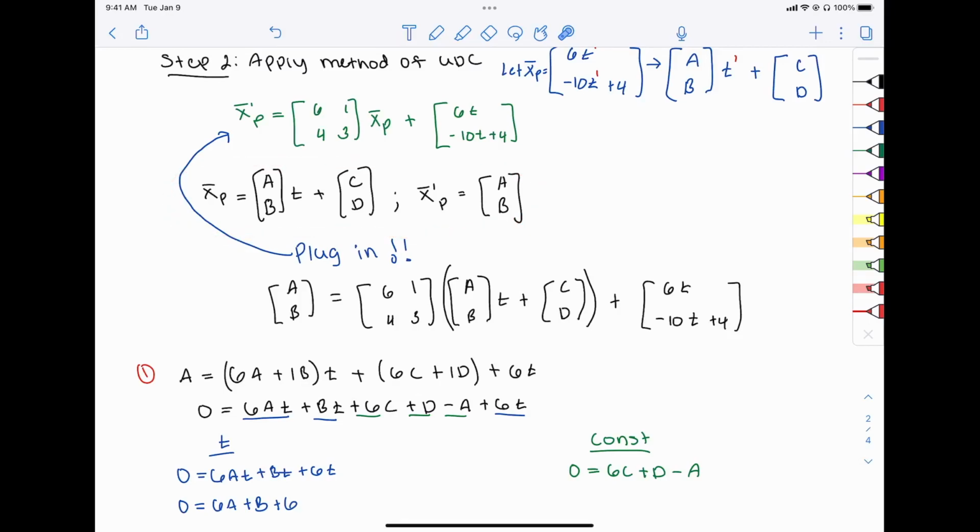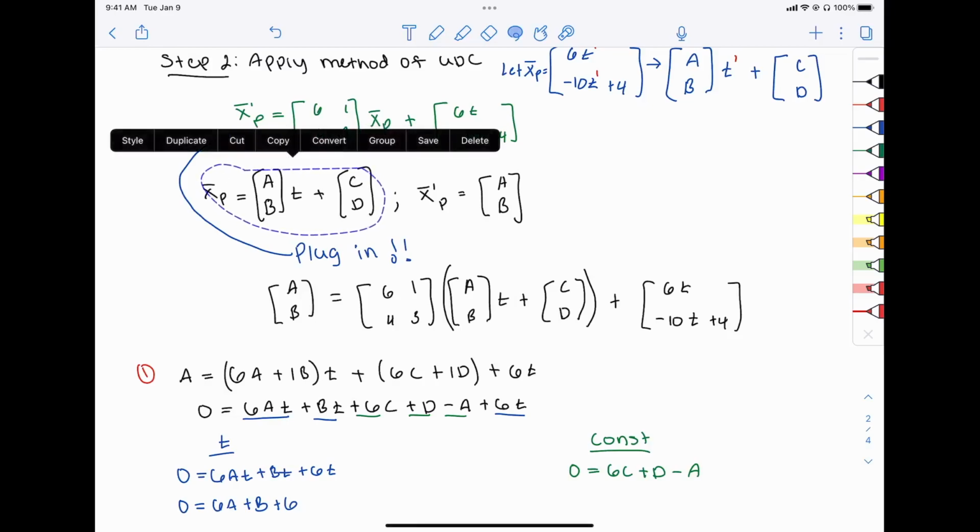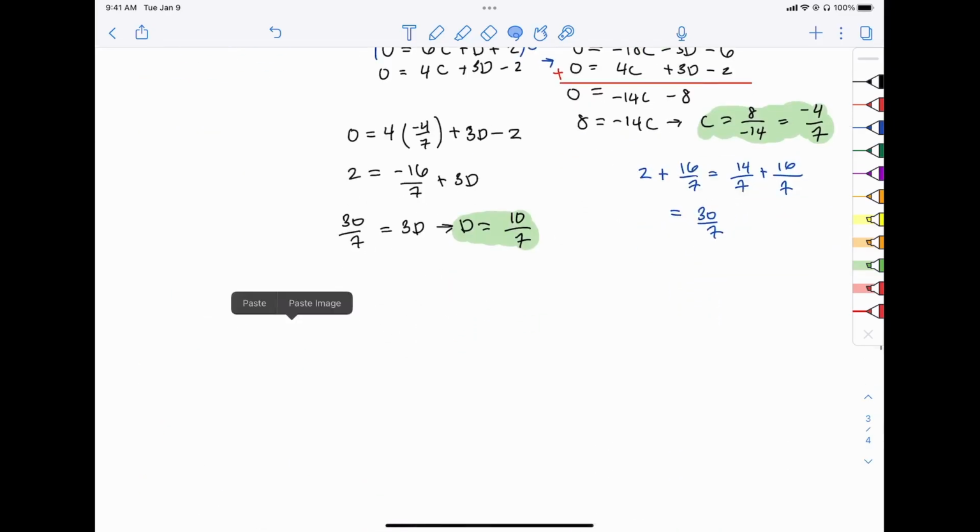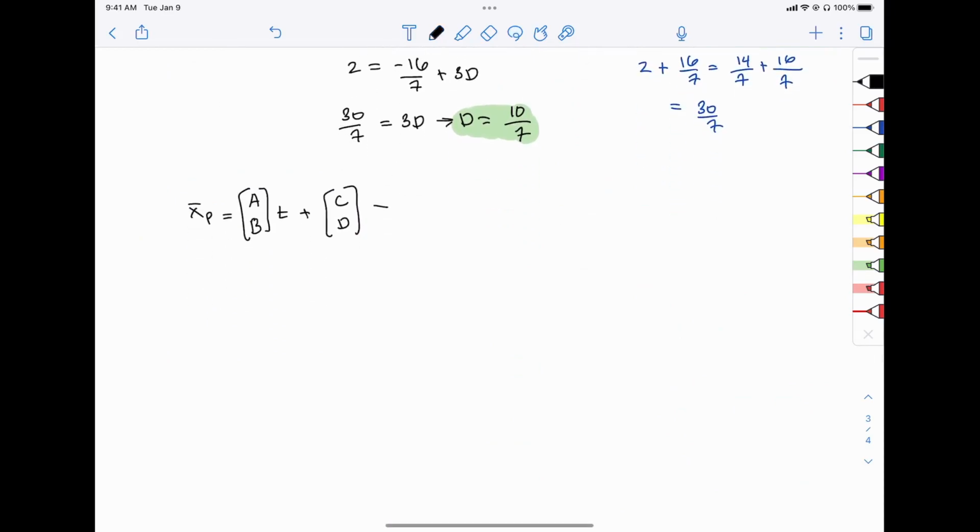But don't forget that all this work that we did is to find A, B, C, and D. If we take what we originally thought our particular solution looks like, well, now, since we did the method of undetermined coefficients, we know our now determined coefficients.